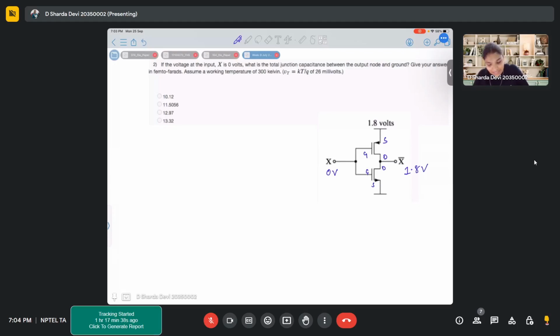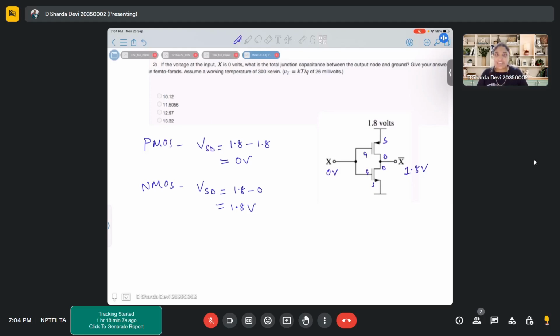So for PMOS, my VSD is 1.8 minus 1.8, that is 0 volts. Similarly, for my NMOS, my VDS is 1.8 minus 0, that is 1.8 volts, right?